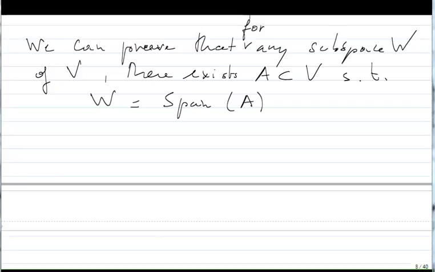But we have to be very careful, because sometimes we have the span of a set of vectors, but most of the time when we're studying vector spaces and operations on vector spaces, we may end up having a natural subspace, not a set. We know that there exists a set A such that the span of A gives us W, but some subspaces are naturally defined, and that's why we need to separate between the two concepts. Do they coincide? Okay, good.